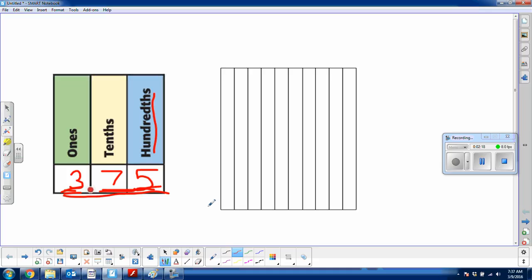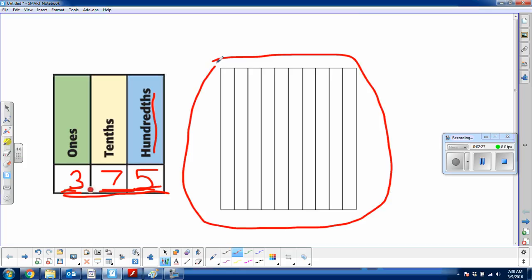Something else that I want you to be able to do is shade a figure like this based off of a decimal that I give you. So let's go ahead and start out. What if I gave you this decimal? 0.3.